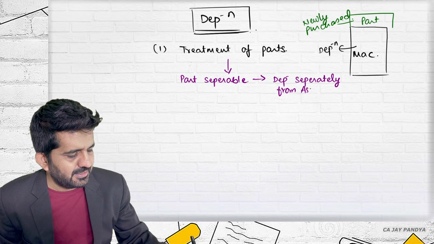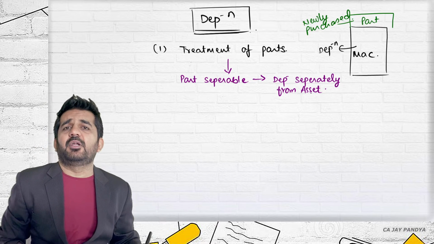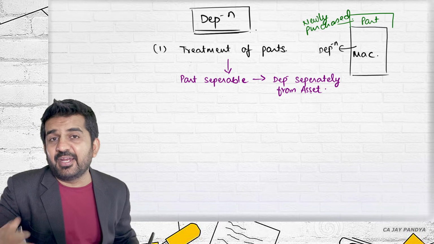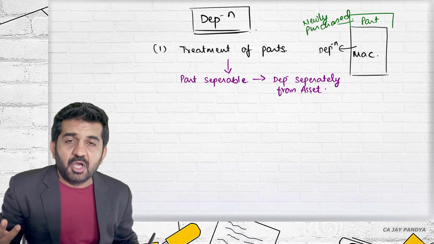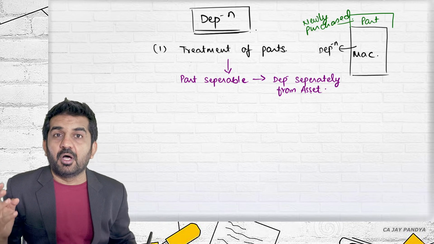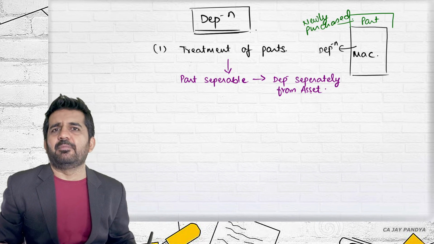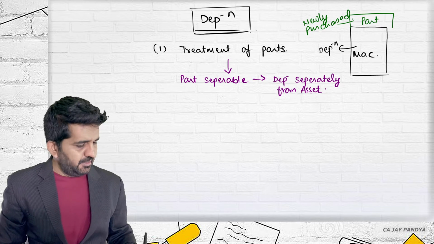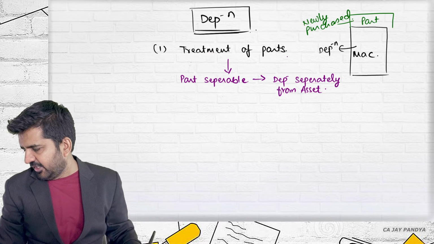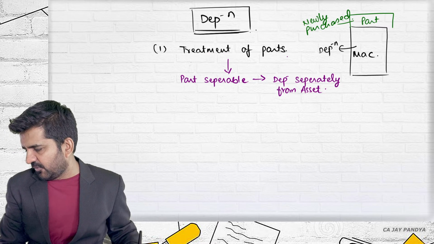Even if the rate is same, the depreciation concept is same, the asset is same, the part can be depreciated separately. So this is the first point which I think is relevant for discussion.